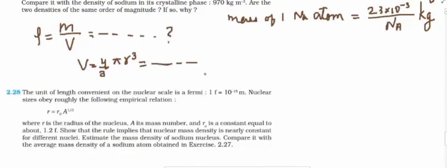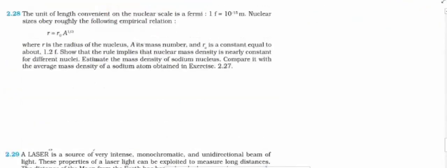Now, next, one Fermi is 10 power minus 15 meter. Then there is a relation between the radius of a nucleus and the mass number. A is the mass number.